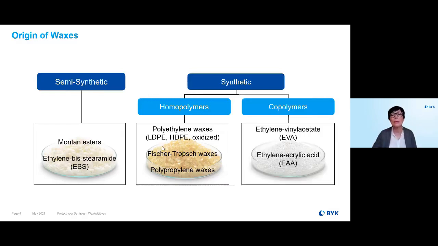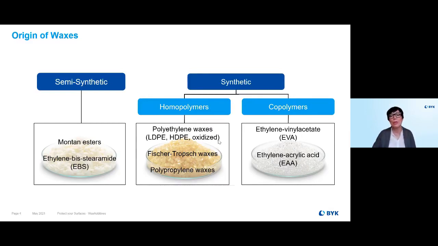And next to it, the copolymer waxes, the ethylene vinyl acetate products and ethylene acrylic acid, EVA and EAA waxes. You may have heard about these wax bases because they are used pretty often even in floor polish for the anti-slip properties. So these are the different waxes which are available.